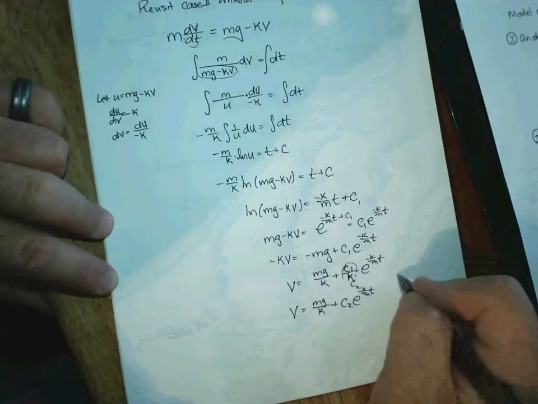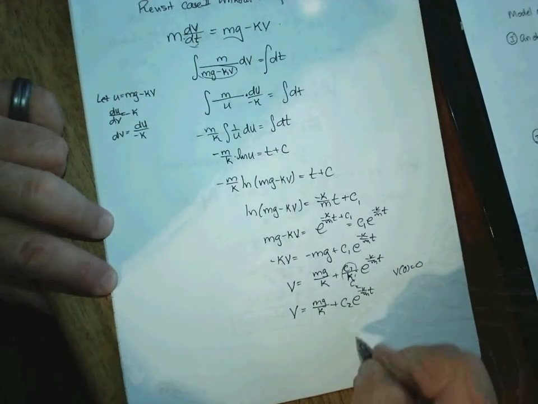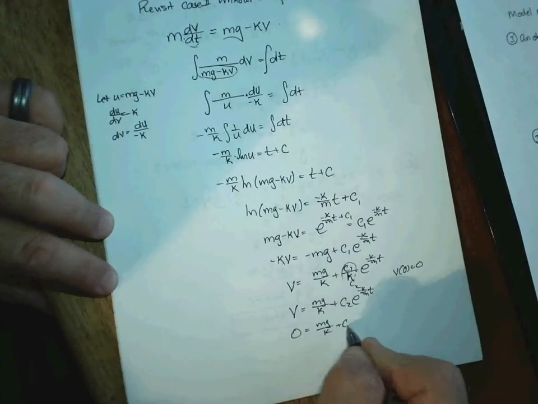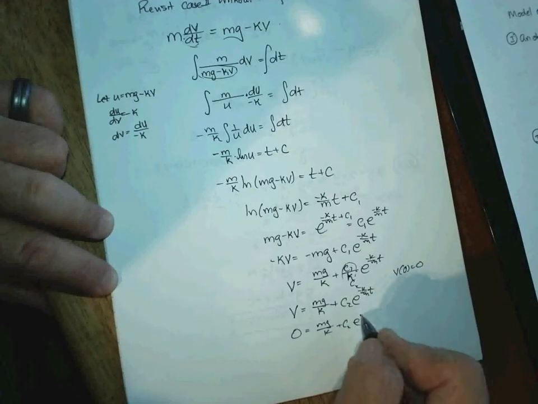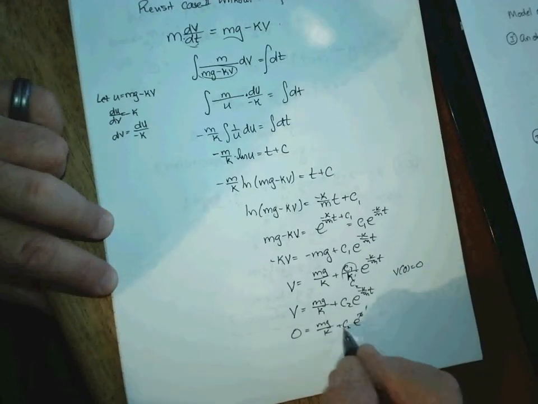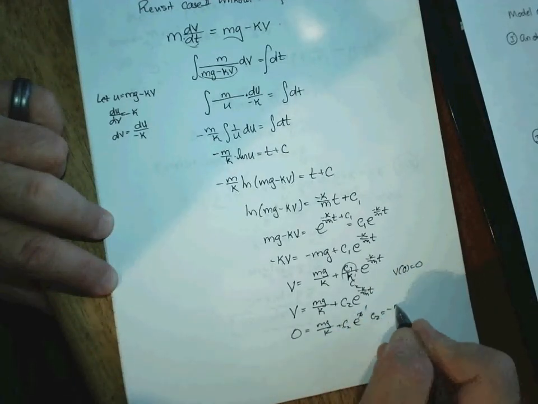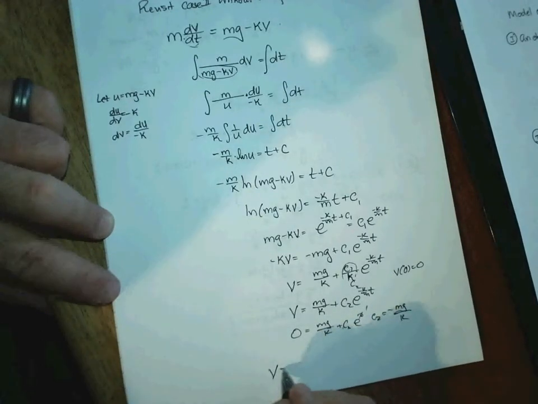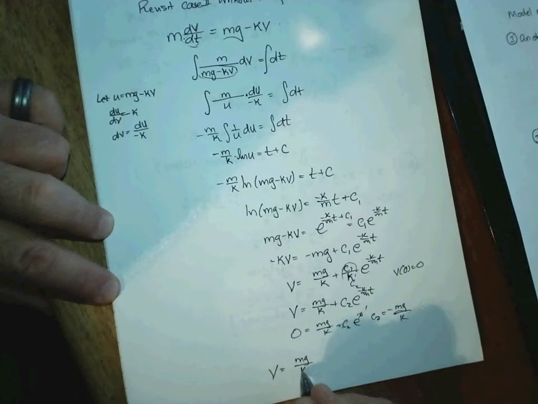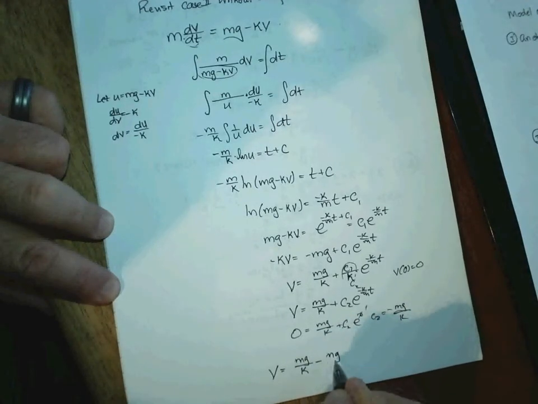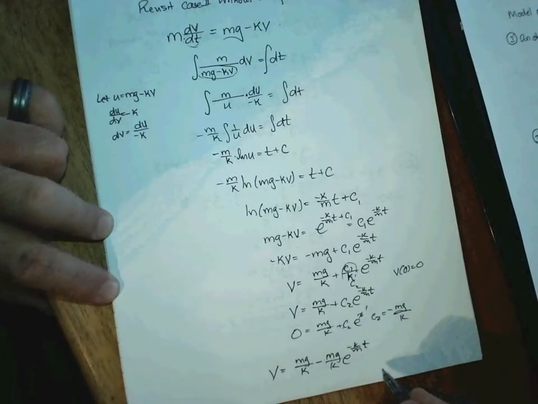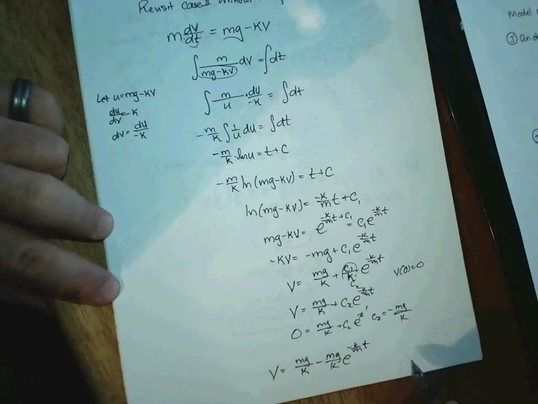Now let's apply the initial condition, figure out what this constant is. Velocity at time 0, again, was 0. So 0 here is mg over k plus that constant times e to the 0. That's 1. That C2 is negative mg over k. So the solution we get is your velocity is mg over k minus mg over k e to the negative k over m times t.